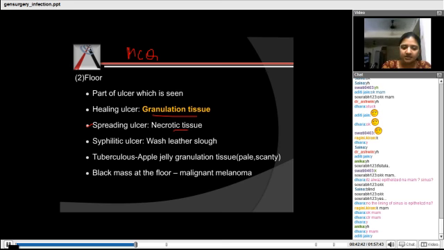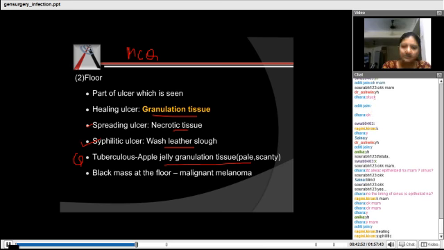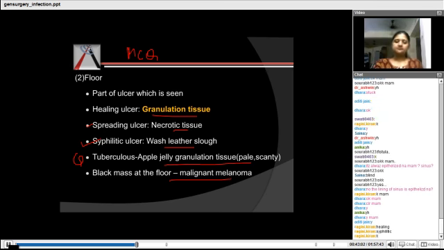Necrotic tissue means it is a spreading type. A washed leather slough is seen in a syphilitic ulcer. Apple jelly granulation tissue is seen in the tuberculous type. In fact, all of these have come as MCQ. And if you see a black mass on the floor, it could be a malignant melanoma. Okay? Clear?